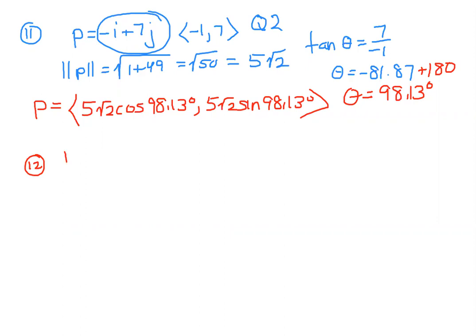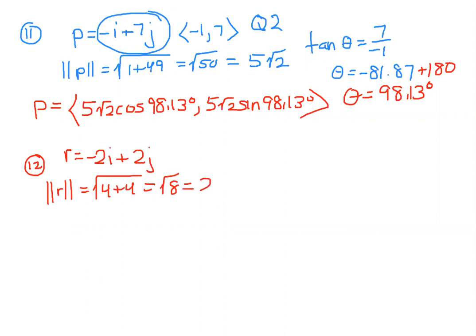Number 12, negative 2i plus 2j. The magnitude is going to be 4 plus 4, which is the square root of 8, which is 2 times the square root of 2. Tangent theta equals 2 over negative 2, which is negative 1.